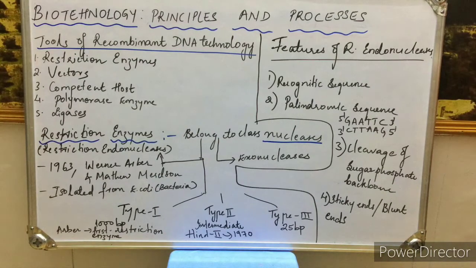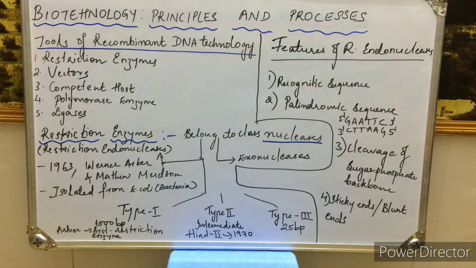So the first thing is that the restriction endonuclease inspects the length of the DNA sequence, and then identifies its recognition sequence, which is specific to that enzyme. EcoRI will identify only GAATTC, but HindII is not going to identify GAATTC. So GAATTC is the recognition sequence for the EcoRI enzyme.